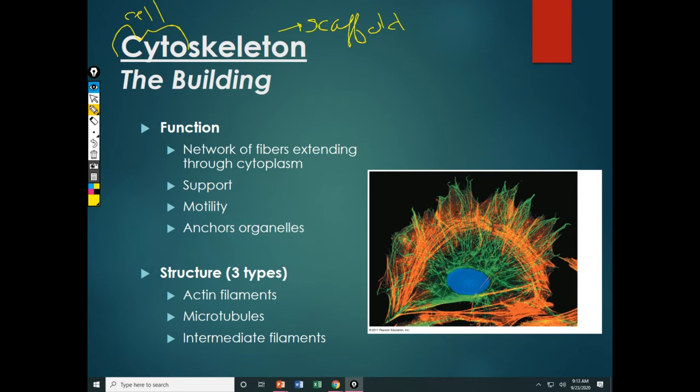Okay, but generally, if we look at the functions, these are a lot of the things that we just mentioned. So if we think about anchoring organelles, this is that idea that if we need to go to a ribosome, that ribosome can't be free floating. It needs to be in one place so we can always find it.